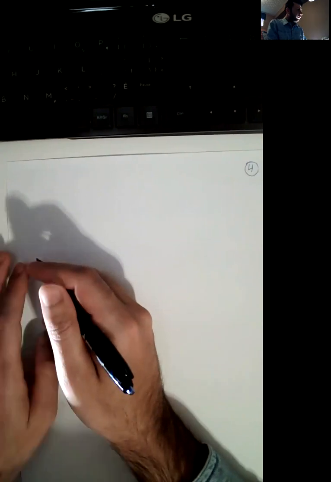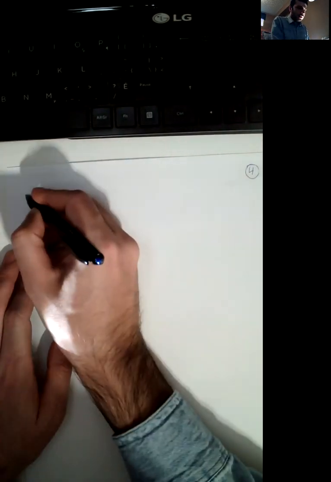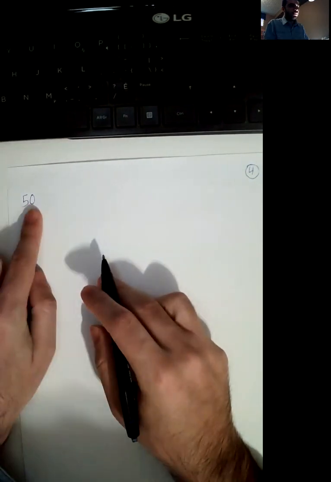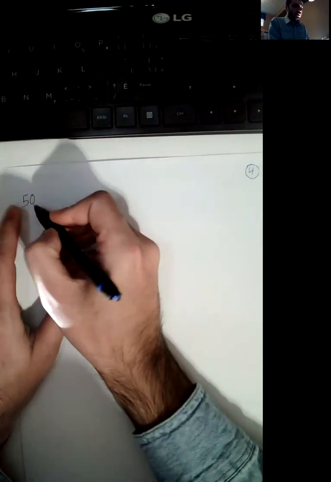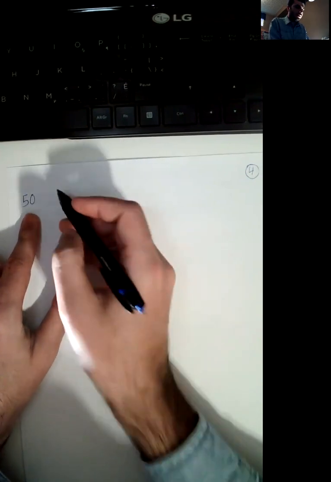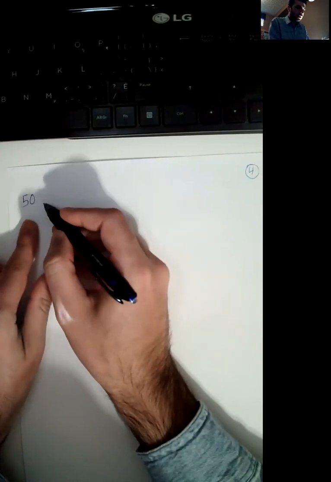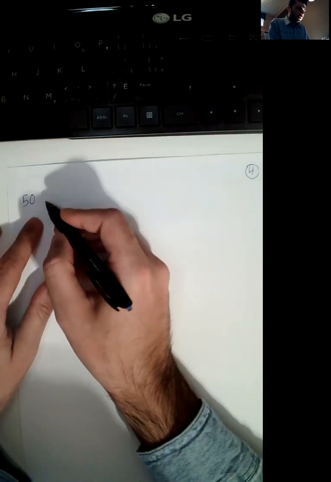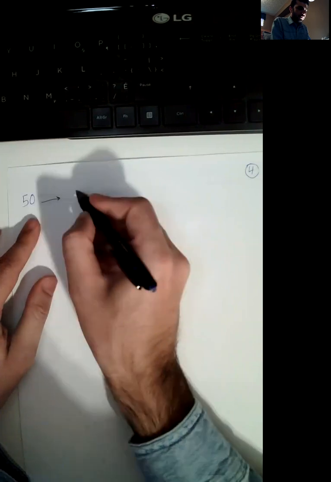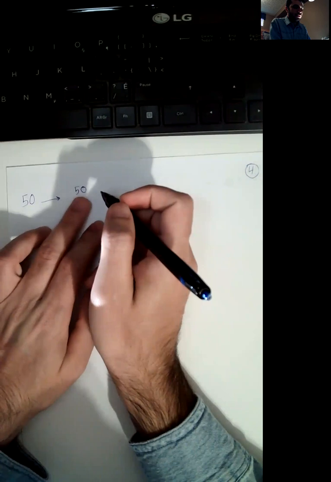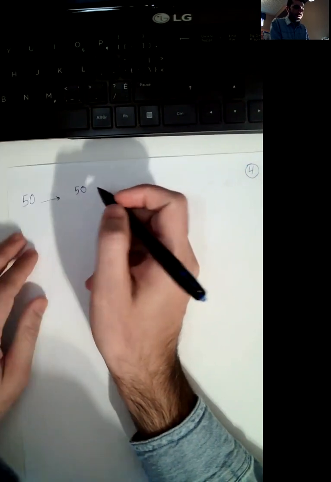One example of converting a number in base 10 to binary floating representation. For example, we want to do that for 50. For 50, we should find the largest power of 2 which is less than 50.